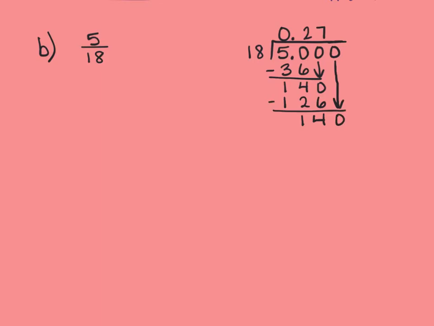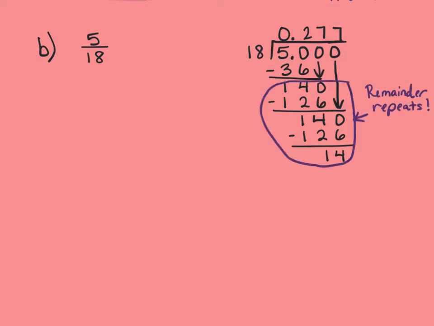When I bring down another 0, 18 goes into 140 7 times again, and that 7 times 18 equals 126. So I, once again, have a remainder of 14. And as you can see, this is repeating the same pattern over and over again.